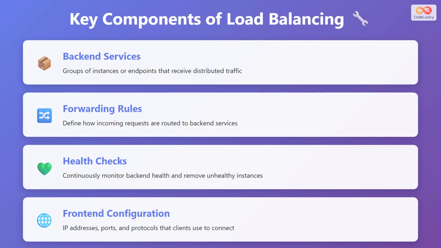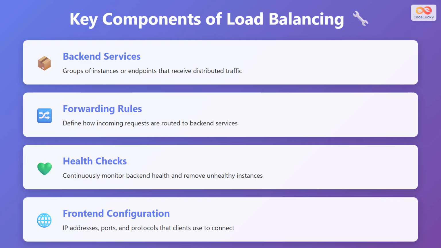Every load balancing setup in GCP consists of 4 key components. First, backend services are groups of instances or endpoints that receive the distributed traffic. These could be virtual machines, containers, or serverless functions. Second, forwarding rules define how incoming requests are routed to backend services, essentially acting as the routing logic.